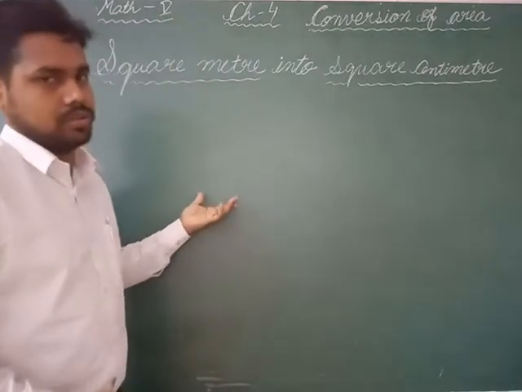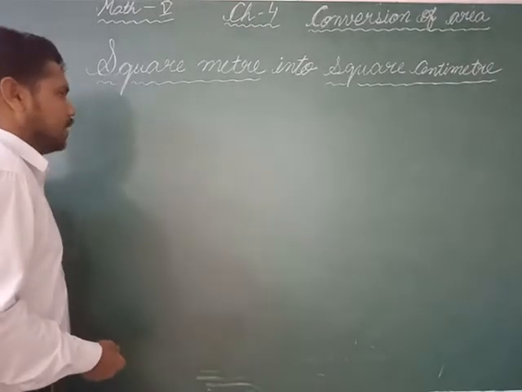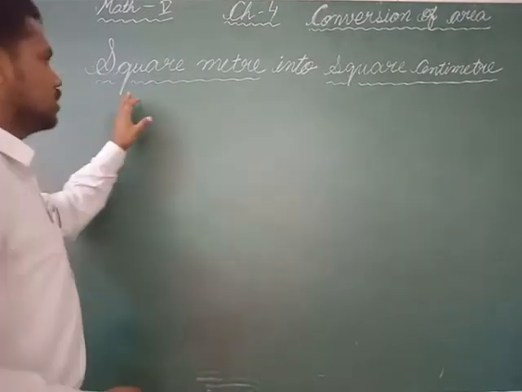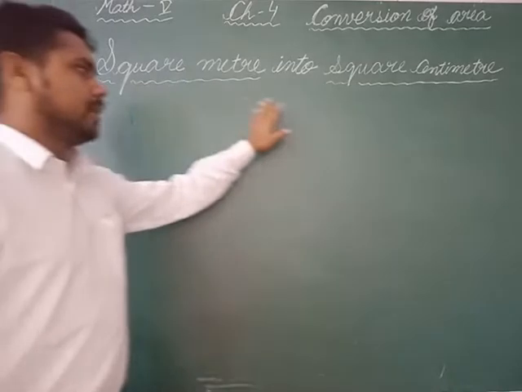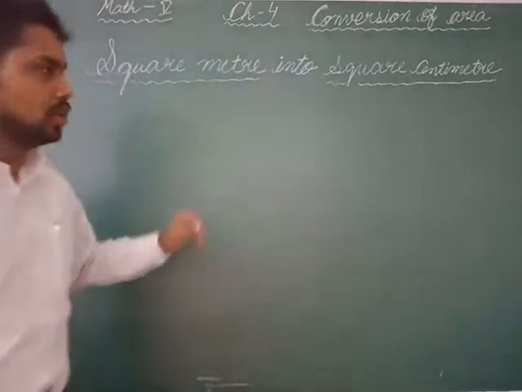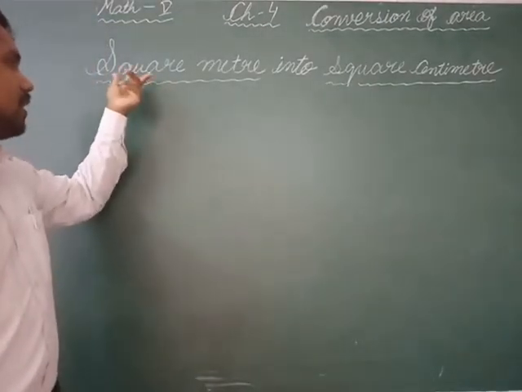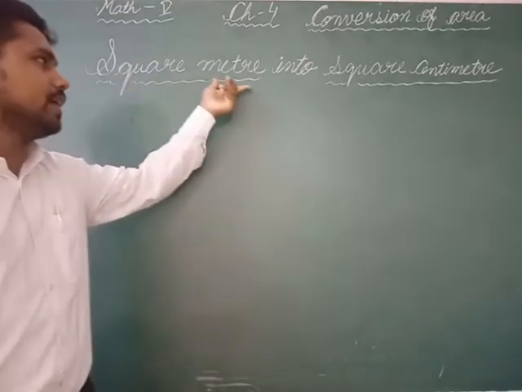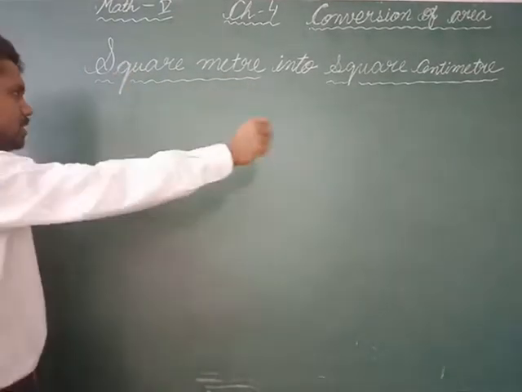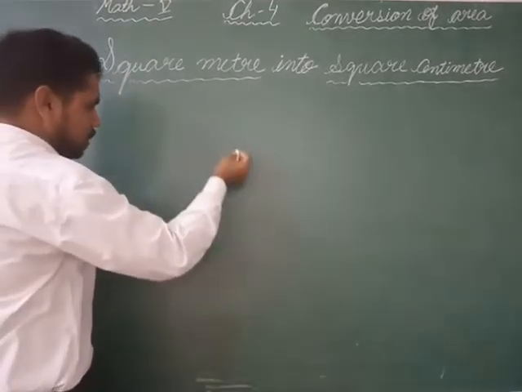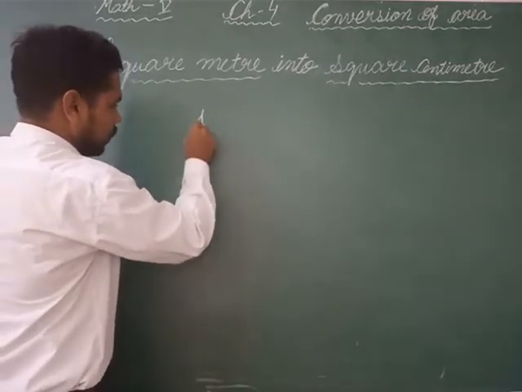For example, the first conversion we have is square meter into square centimeter. First, try to understand what square meter means. Suppose I am writing 1 square meter.